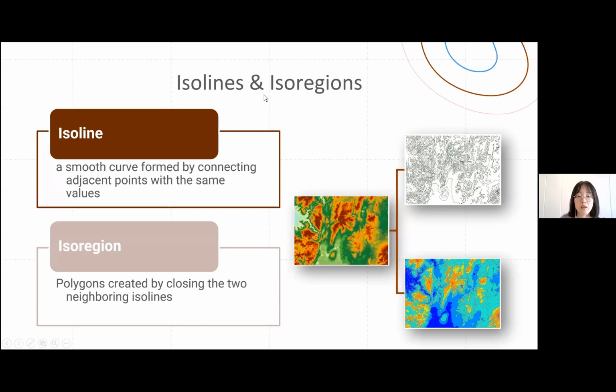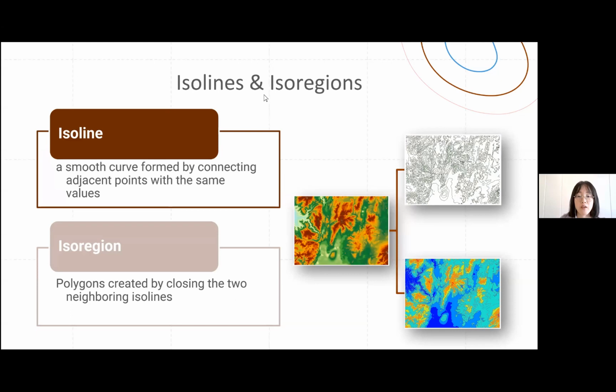Isolines are smooth curves formed by connecting the points on the surface with the same values. And isoregions are created by closing two neighboring isolines together, so that we could have more visualization settings, like the picture on the bottom right.